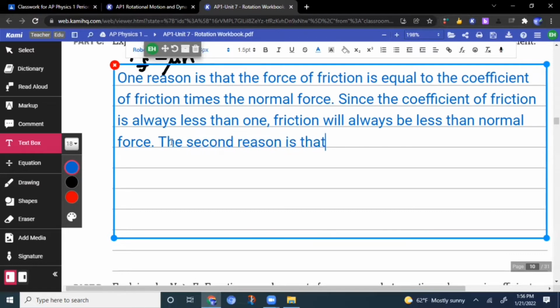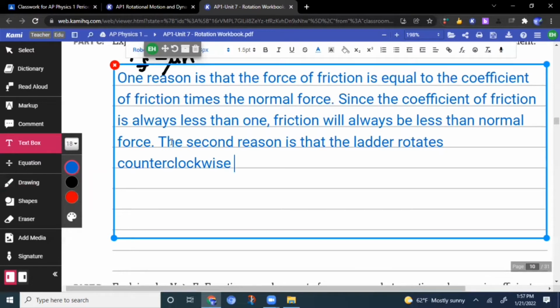The second reason is that the ladder rotates how, guys? Counterclockwise. And by the way, if you want to avoid writing that big long word counterclockwise, here's what you do.